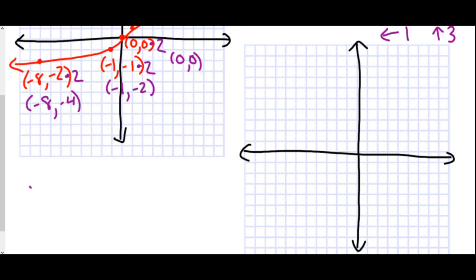So our new points were (-8, -4), (-1, -2), (0, 0), (1, 2), and (8, 4).